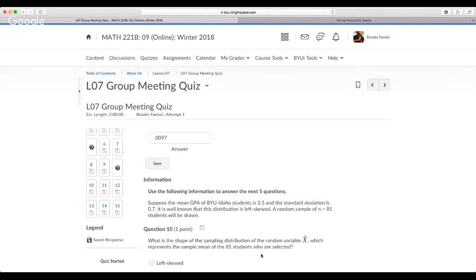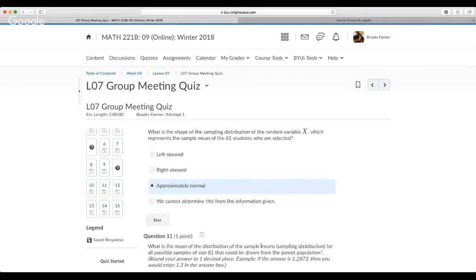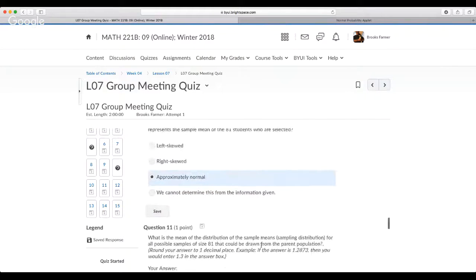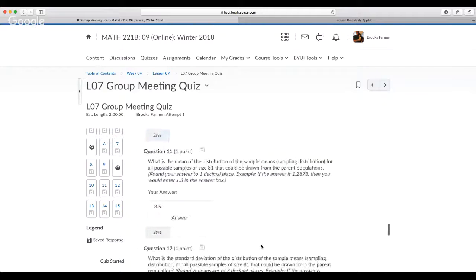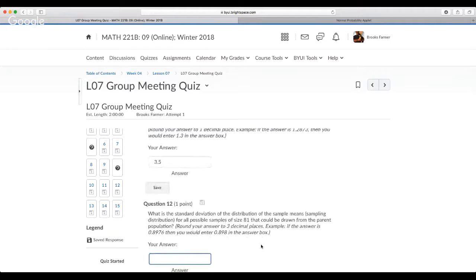So your equation should be 0.7, which is the standard deviation of the population, divided by the square root of 81. And I got... Yes, that goes back to when we were originally finding the standard deviation. There's no x on top this time, because that's when you're looking for a specific number.